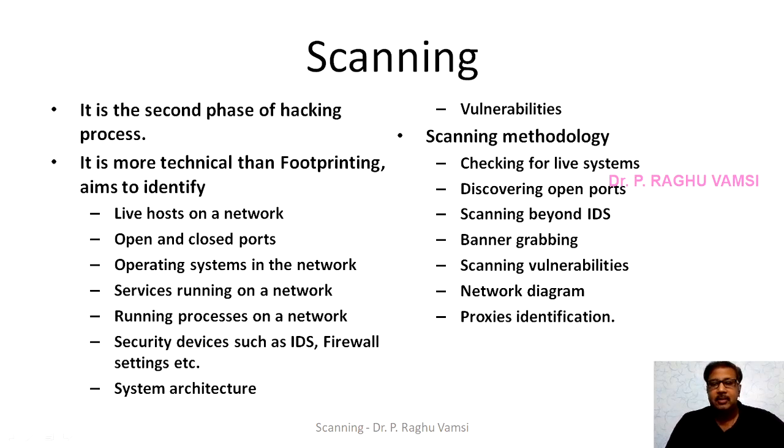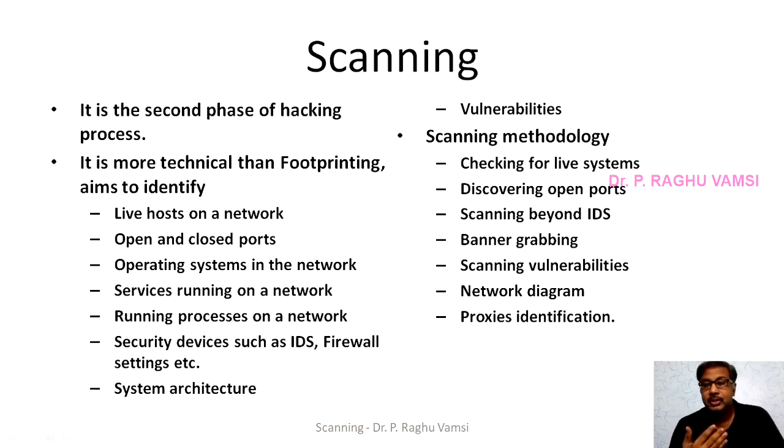Next, after checking the open and closed ports, we'll check the operating systems in the network: what is the current operating system running, and what is its version. Once you know the version of the operating system and when it was last updated, we can easily identify whether any vulnerability is present in that operating system.